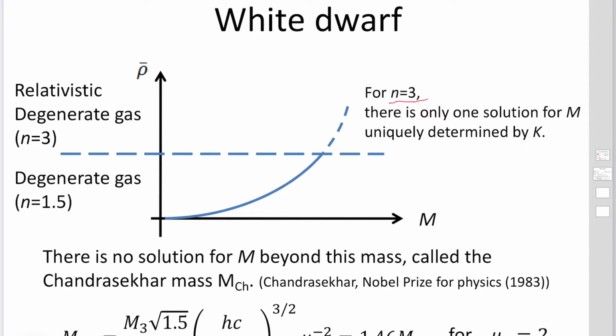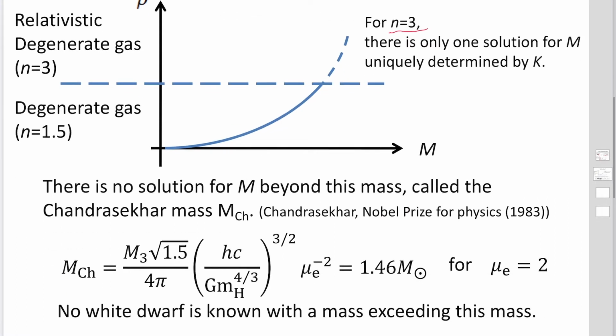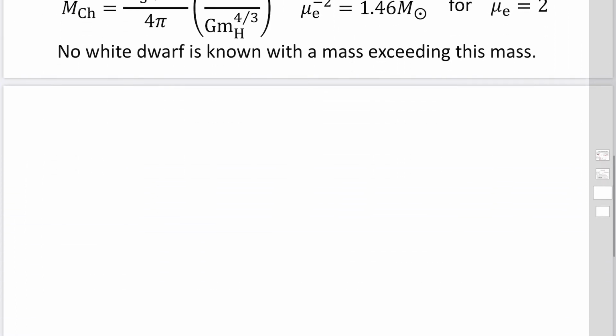I have explained this when I derived the relation between the mass and the radius. I'd like to show you the equation for the mass: M equals 4π M_3 (K over πG) to the power 3/2.